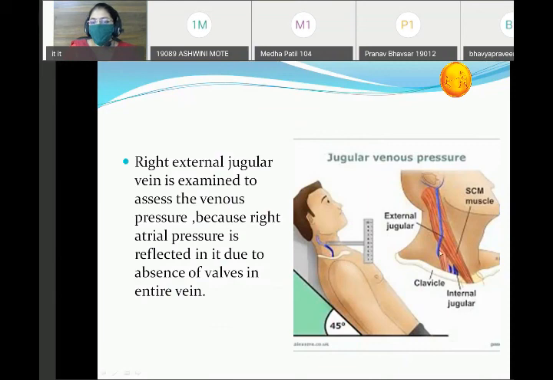It will give an idea of the right atrial pressure, so it is called the jugular venous pressure. So these are some applied aspects.